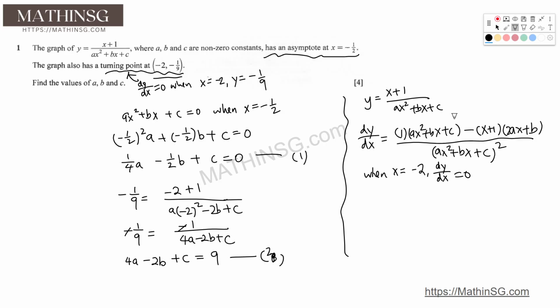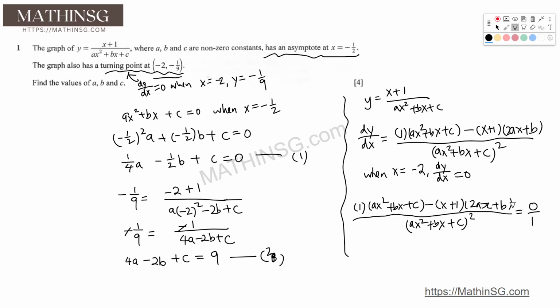So what I'm going to do first is I know that the denominator will disappear. So cancel away, because when cross multiplying, this part is gone.